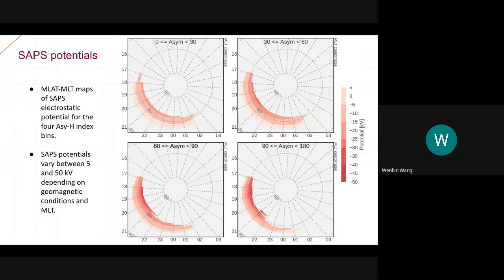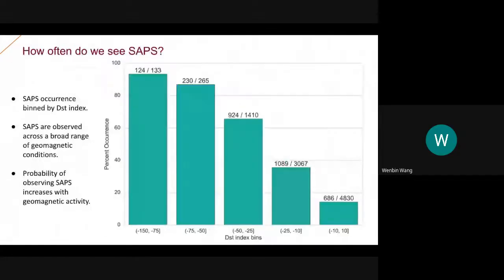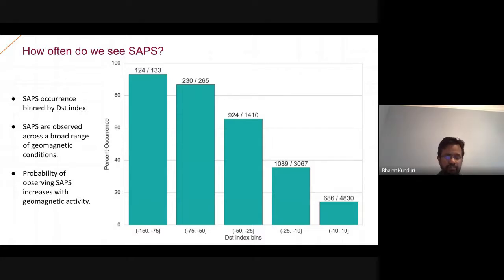You said you observed SAPS during quiet time. Yes. As we know, the quiet time convection pattern is really complicated, especially in the IMF northward case. How are you sure that this is a sub-auroral flow and these are SAPS? So we used measurements from POES satellites to estimate the likely location of the auroral oval.